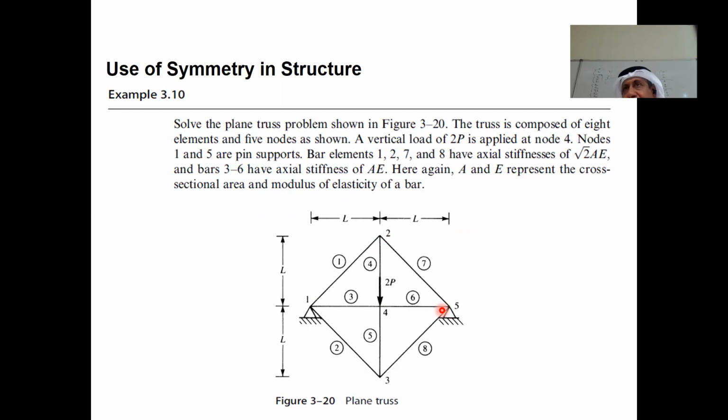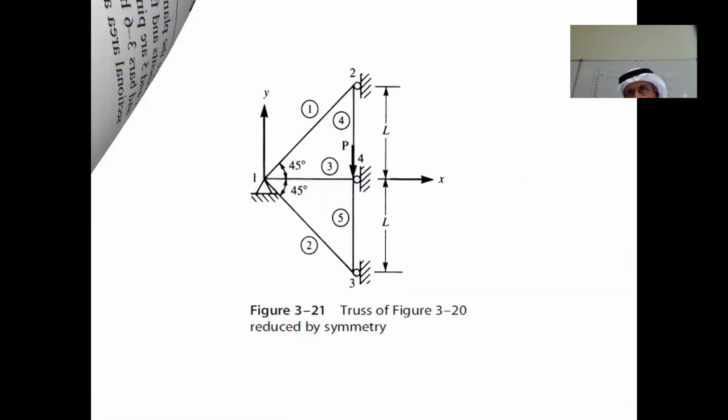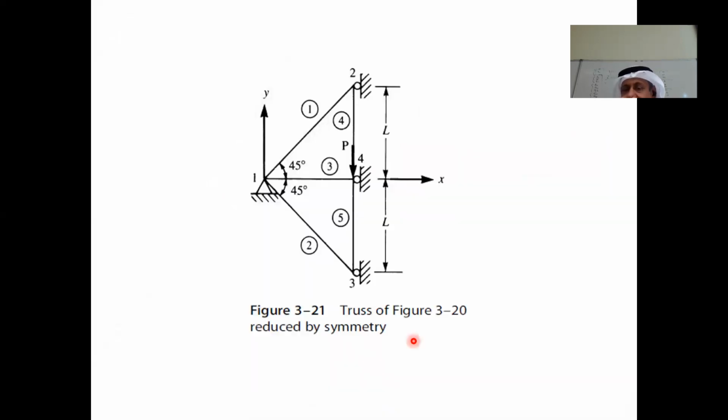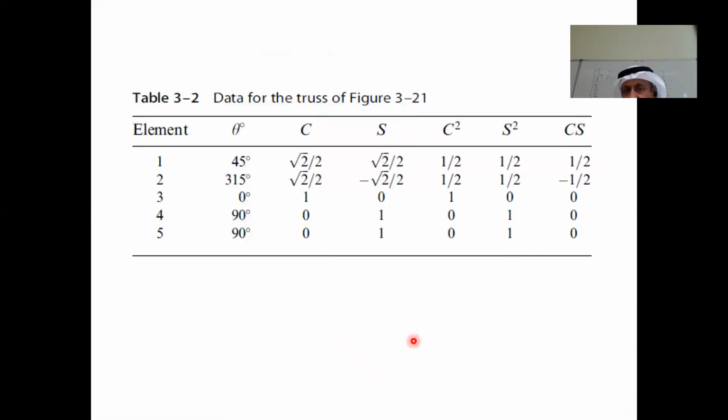You have to solve the whole problem. You could disturb the symmetry by just making 2P in this direction. If we remove the vertical load, it is symmetric. But if both of them are there, then it's not. What you do is just change it: instead of this one, you put it here. Always think about the worst conditions.